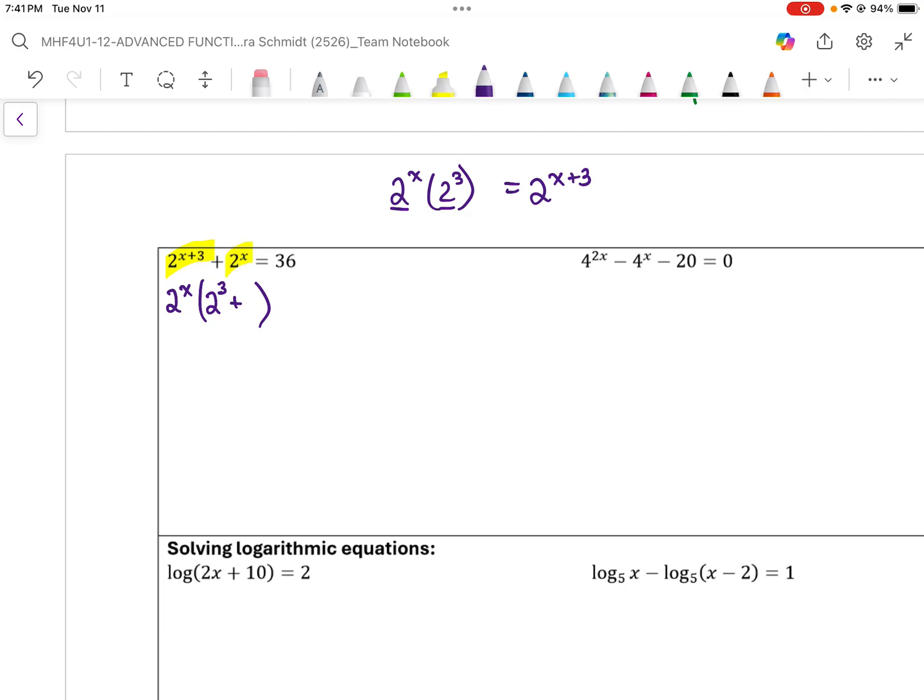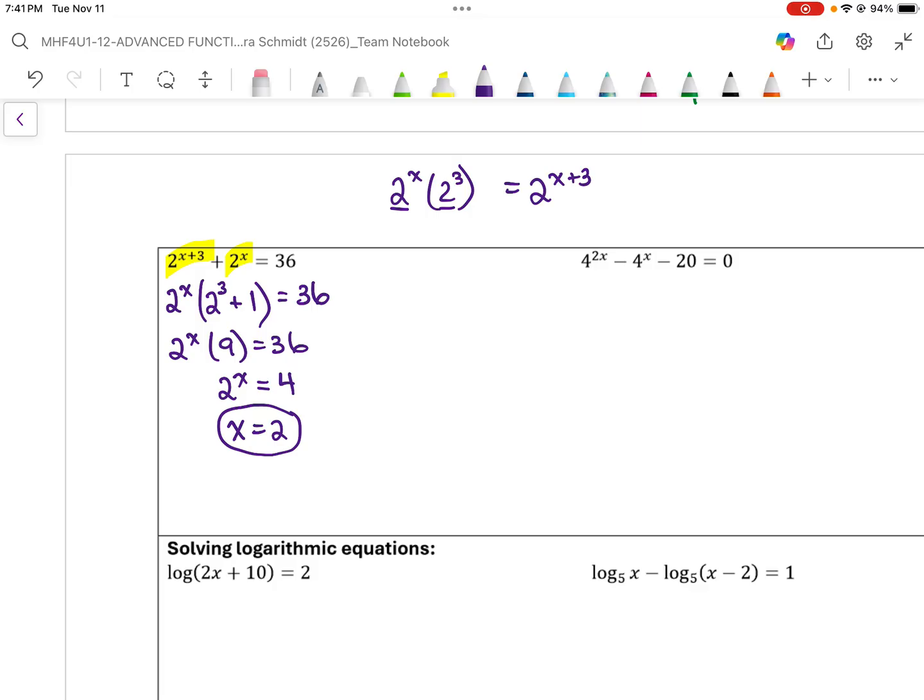So that would just be 1 equals 36. So this helps us a lot because 2 to the power of 3 plus 1 is definitely solvable. So 2 to the power of 3 is 8 plus 1 is 9 equals 36. Then I'm able to just divide both sides by 9, getting 2 to the power of x equals 4. And then I know 2 to the power of 2 would be equal to 4, so x must be 2.